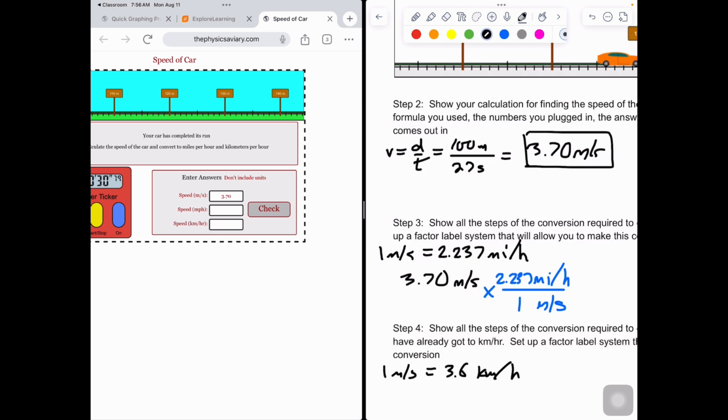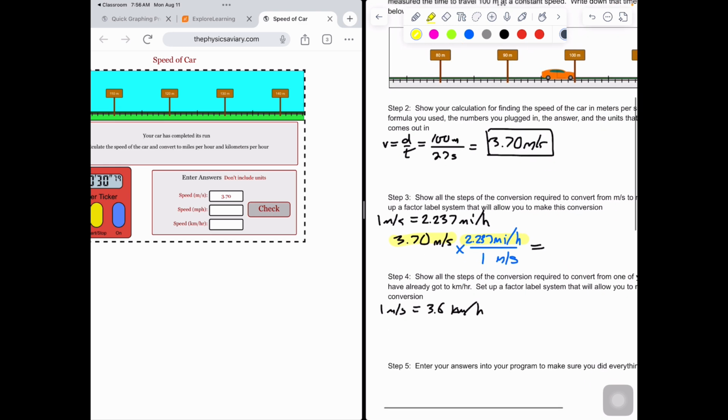At this point, the math takes care of itself because you can see you're just multiplying those 2 numbers right there. And that's why we set it up this way, so that the proper units, the units you're trying to get rid of, cancel, and you arrive at the unit that you want, which is the case of miles per hour.